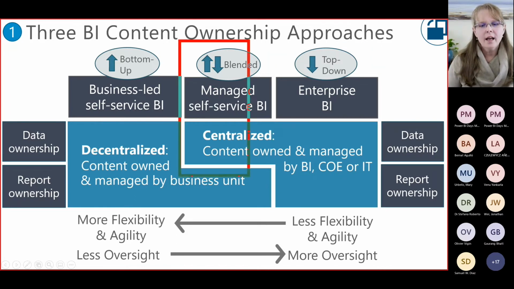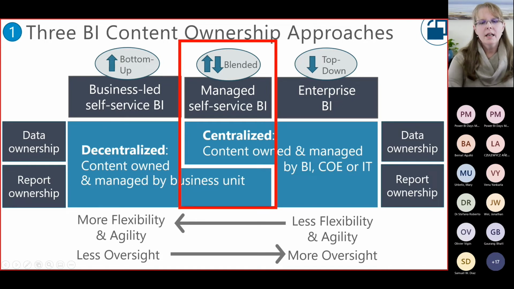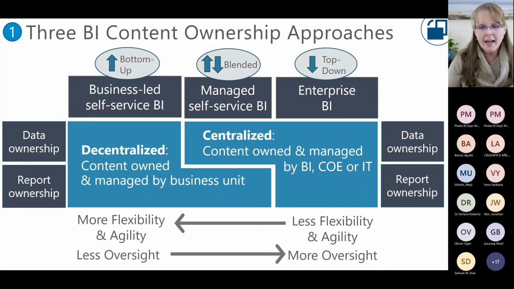Now, a lot of times this idea of managed self-service BI in the middle is what we're leaning towards, where the data is centralized and the reports are created by people out in the business units. And the reason that this is helpful, well, Microsoft calls this discipline at the core and flexibility at the edge.